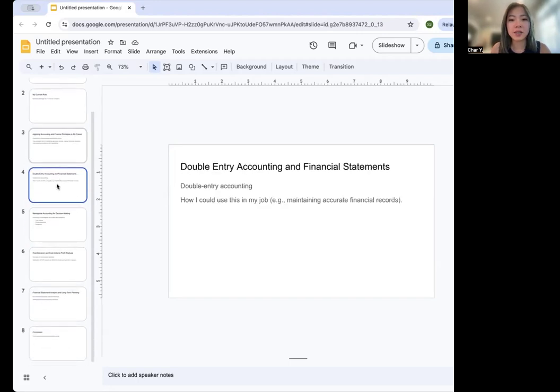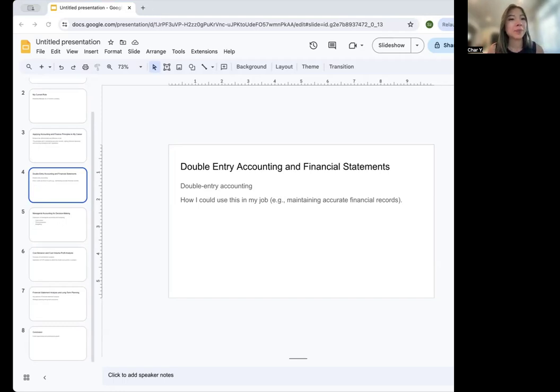First, I'm going to talk about the double entry that I learned in class. Double entry accounting involves recording each transaction in at least two accounts. What we talked about in class a lot is assets equals liabilities plus equity.